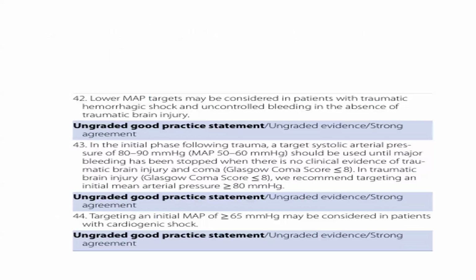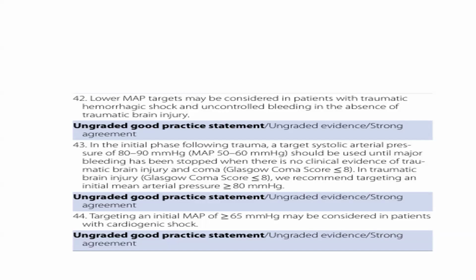If we are dealing with hemorrhagic shock, then go for the lower MAP because of the concept of permissive hypotension. In conditions like hemorrhagic shock, we should not target a higher BP, because by targeting a higher BP, we increase the chance of more bleeding.